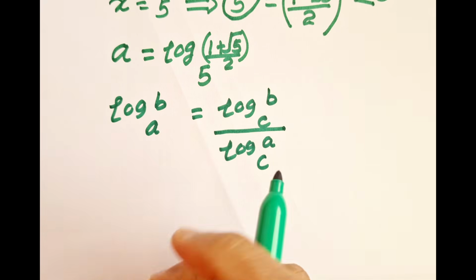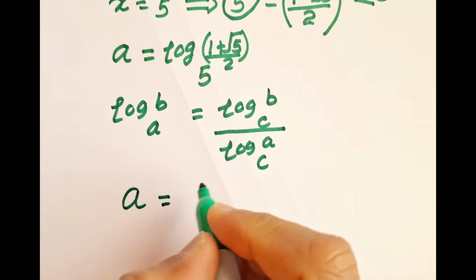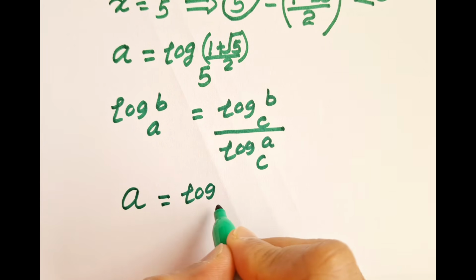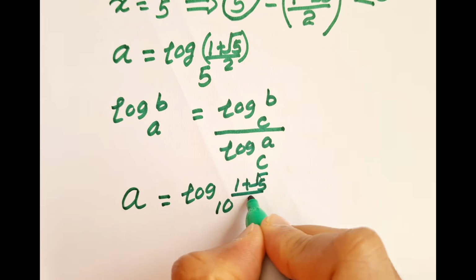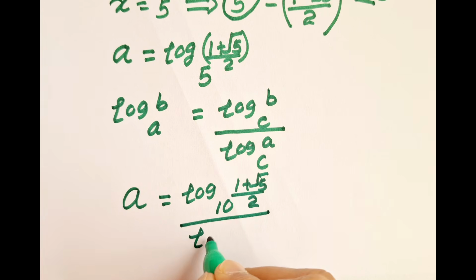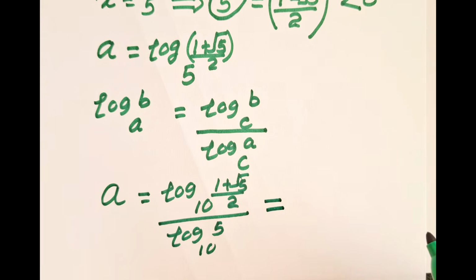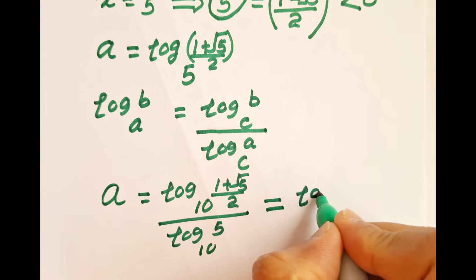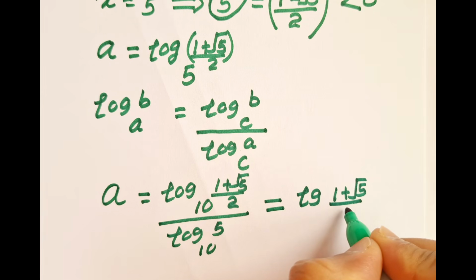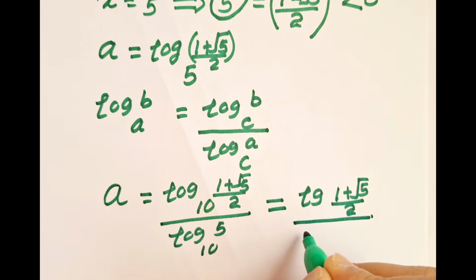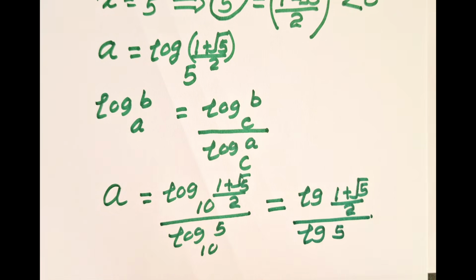If you apply this rule to the solution, I can rewrite a equals log, using base c as 10, base 10 of 1 plus square root 5 divided by 2, divided by log base 10 of 5. According to the common notation, log base 10 is written as lg. So a equals lg of 1 plus square root 5 divided by 2, divided by lg 5. So now it is really easy to find the value of a using the logarithmic table.